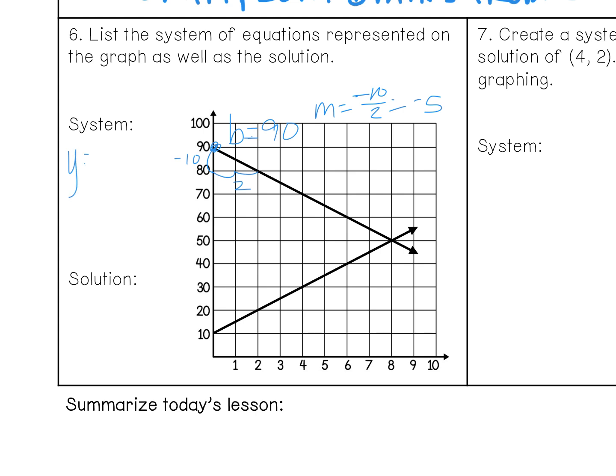So y equals negative 5x plus 90. And then this bottom one, our b is 10. This one is going up 10 and over 2. So that slope is going to be a positive 5. 5x plus 10.